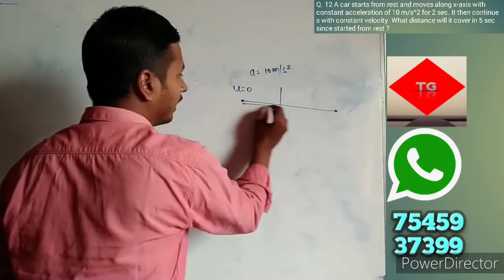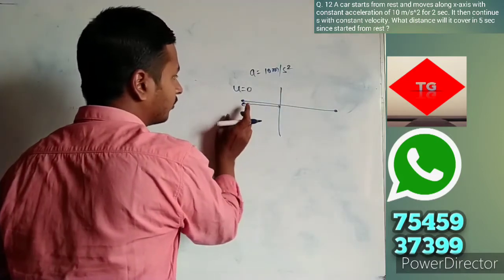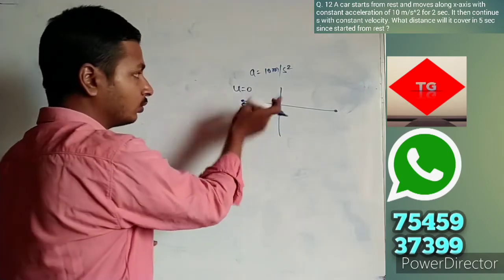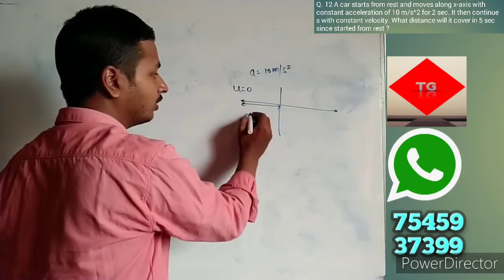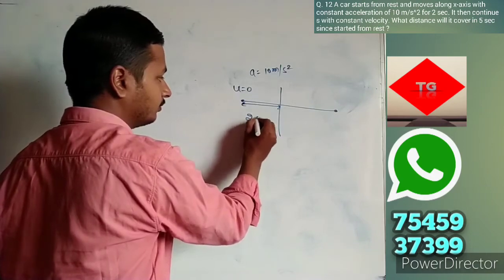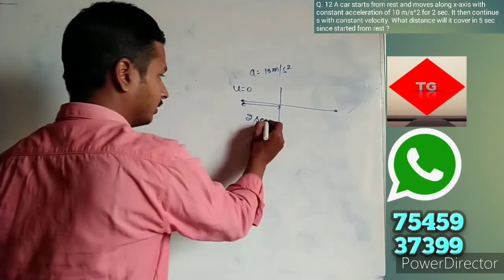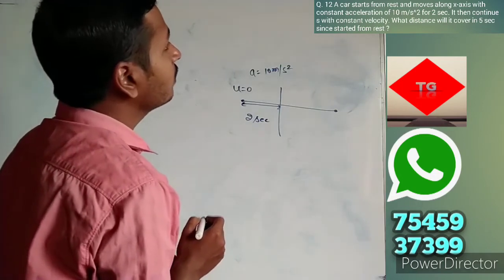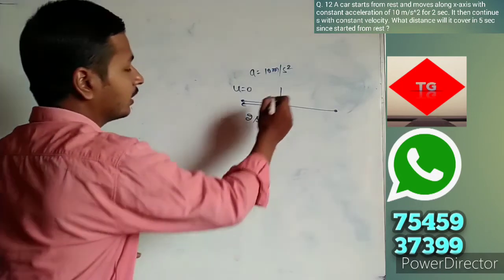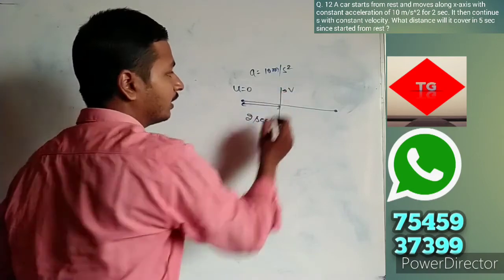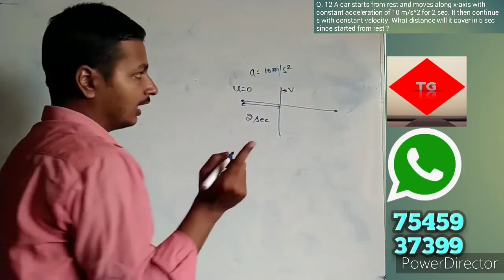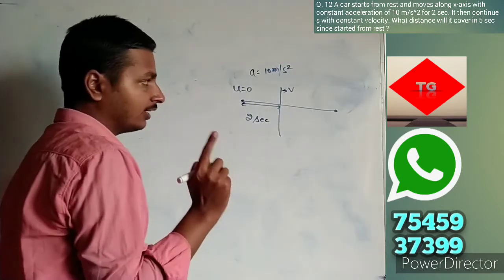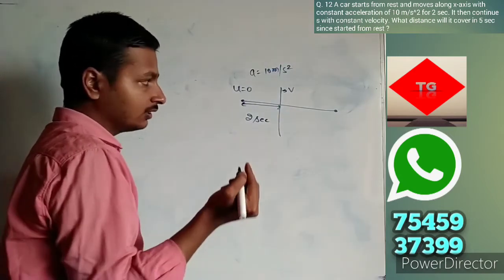Suppose that this distance is for 2 seconds. And it then continues with constant velocity. Suppose there will be a final velocity, and after that it moves with constant velocity. It means that after attaining that velocity there is no change.